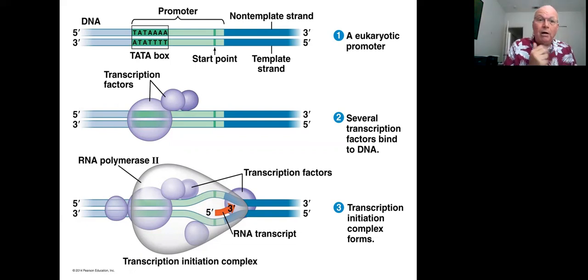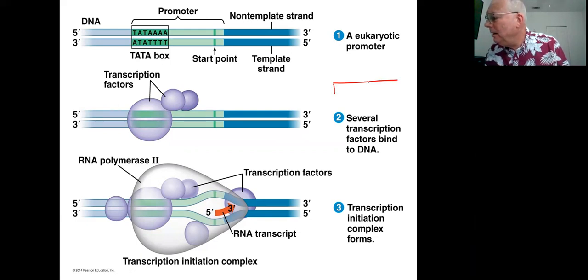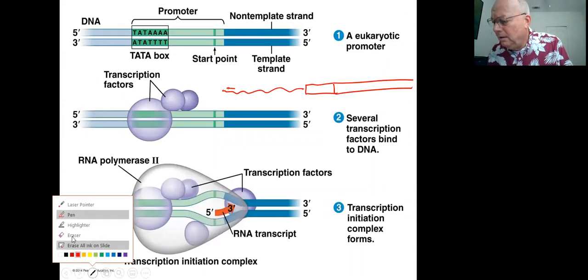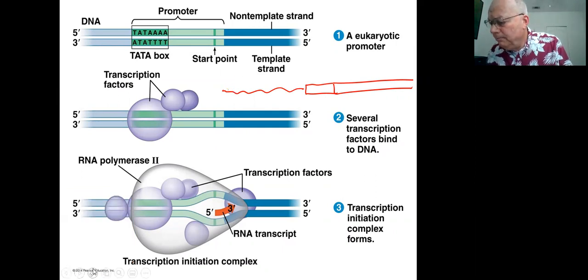about the switching on of the genes in a eukaryote, because if we look at the DNA sequence, here's our gene, here's our promoter region. Somewhere down here in the DNA, there are two DNA sequences called enhancer sequences.